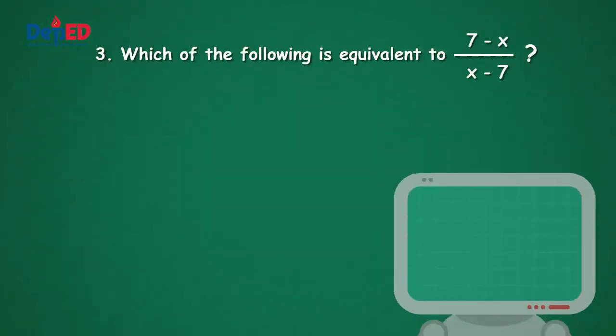Number 3, which of the following is equivalent to 7 minus x all over x minus 7? Is it A, 1, B, 0, or C, negative 1?